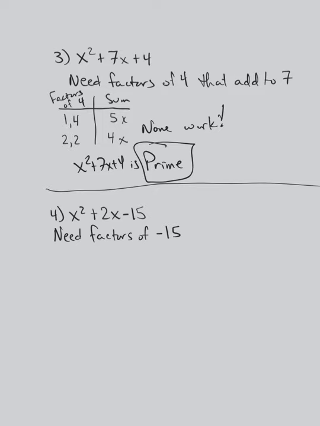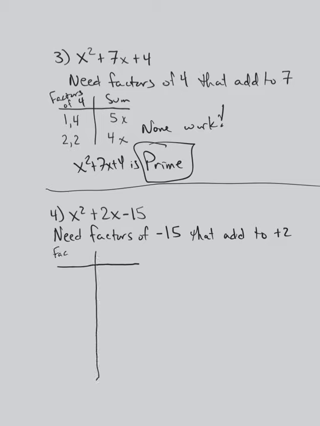So our constant's actually negative 15. Okay, so we need factors of negative 15 that add to positive 2. To remind yourself, you could say plus 2 or you could just write 2. Okay, now that affects things about how we set up our table to try to find them.